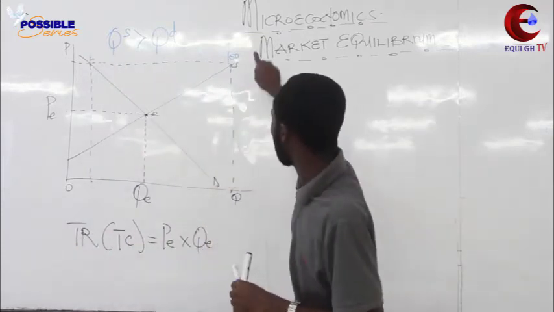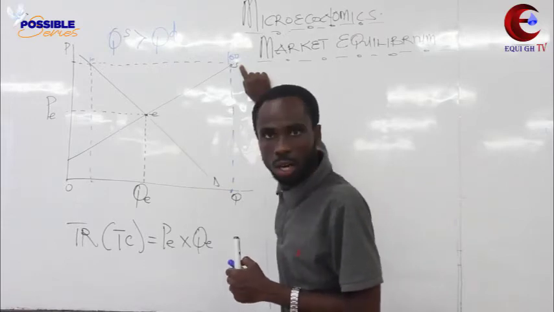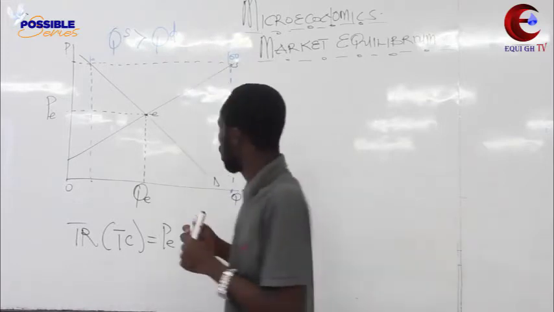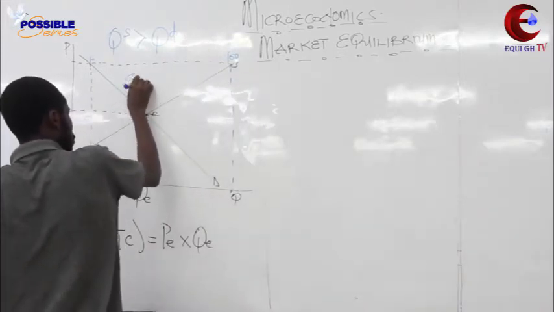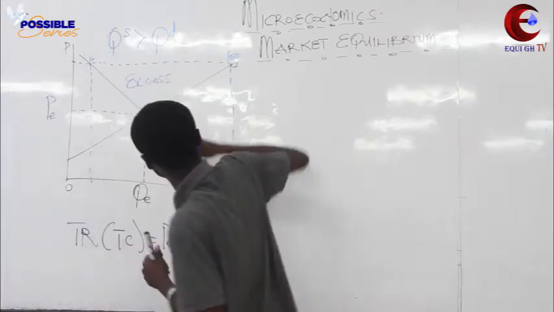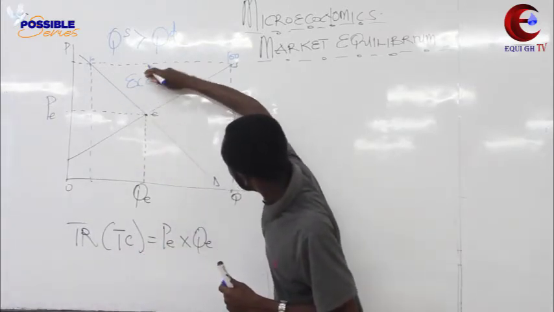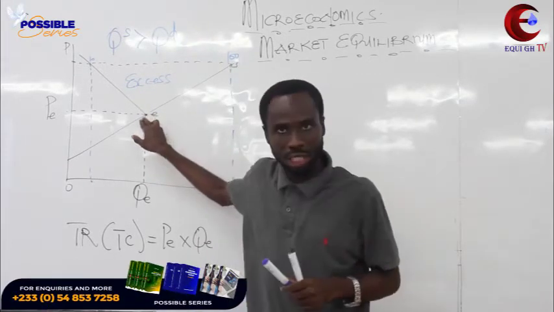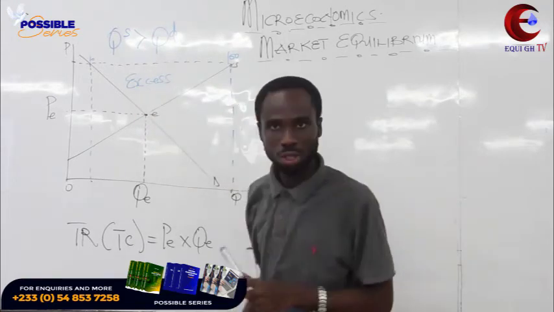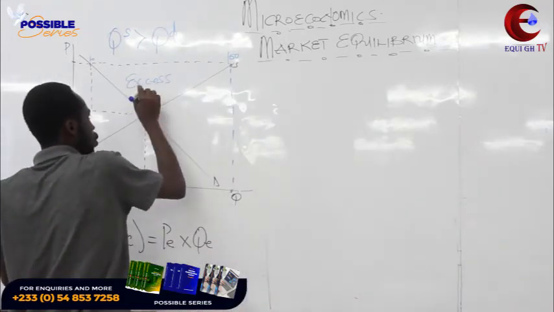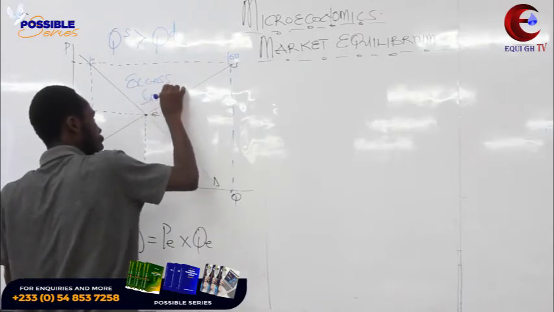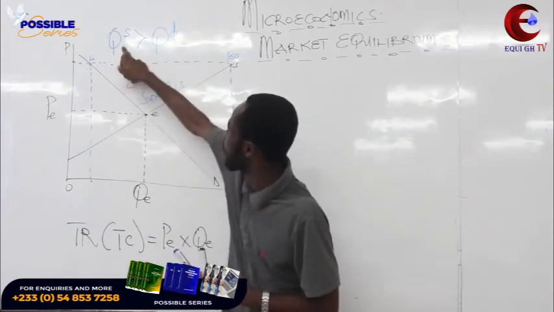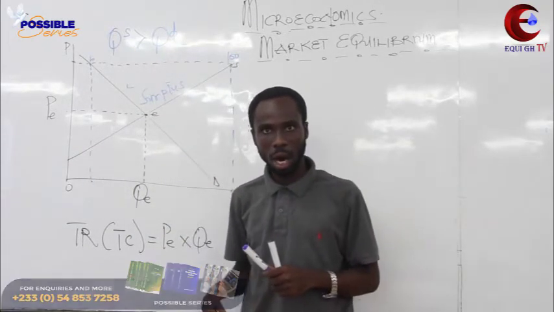When quantity supplied is greater than quantity demanded, there is an excess in the market. The region above the equilibrium is the excess, and this excess is what is called surplus in economics. So surplus is the excess of quantity supplied over quantity demanded. I hope it makes sense.